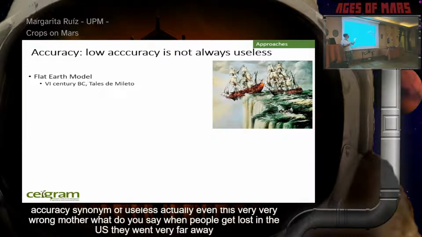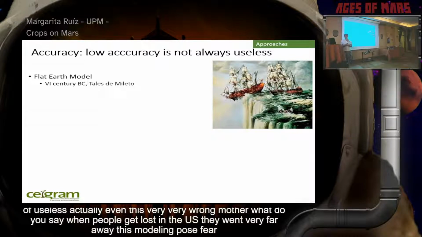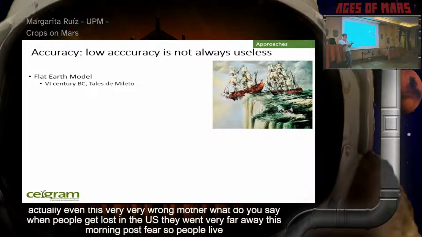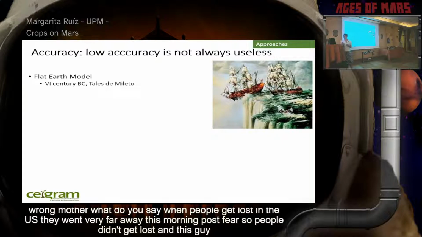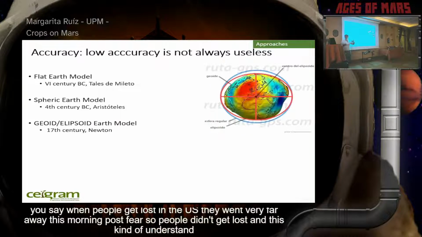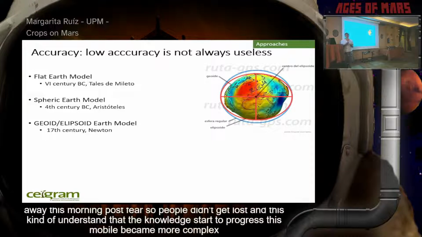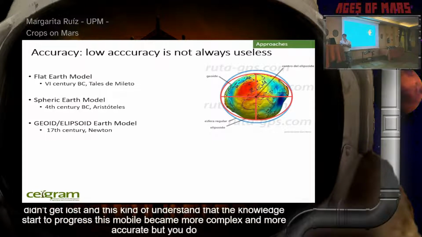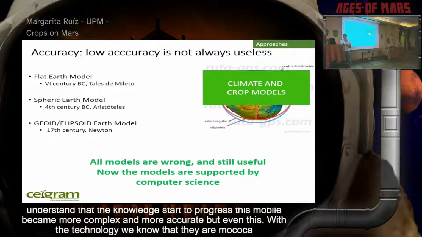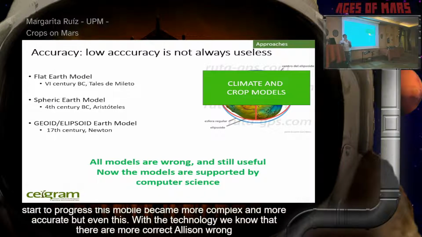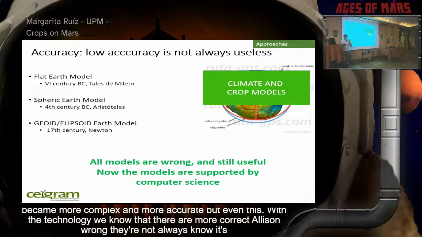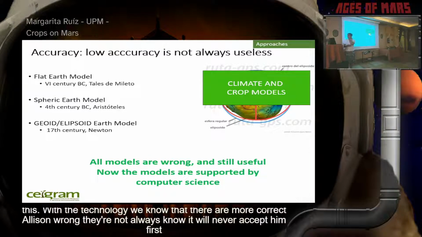This model imposed fear, so people didn't get lost. And as knowledge started to progress, this model became more complex and more accurate. But even those that, with the technology, we know are more correct, are still wrong. They are not exact and will never be perfect, but they are still useful.